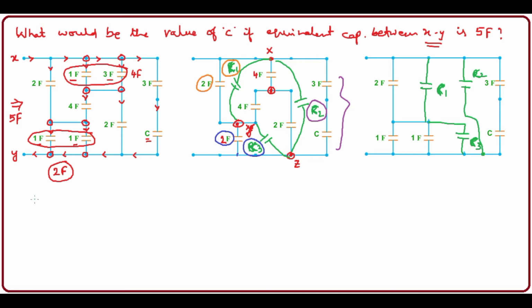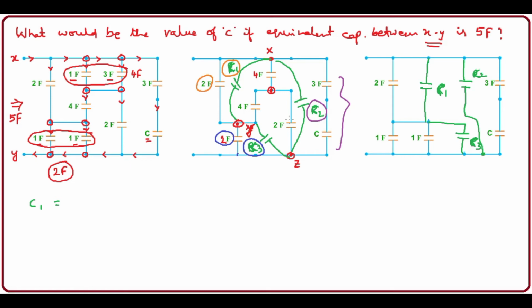Let me find out C1. If these things are resistors, the formula is different. What is the formula for resistors? Connected resistor plus another connected resistor plus multiplication of these two divided by the unconnected resistor.